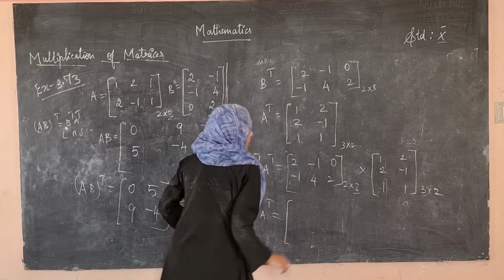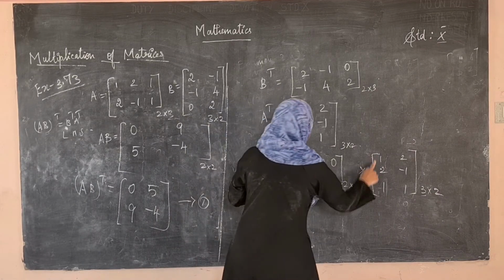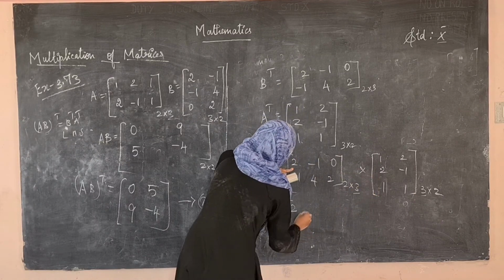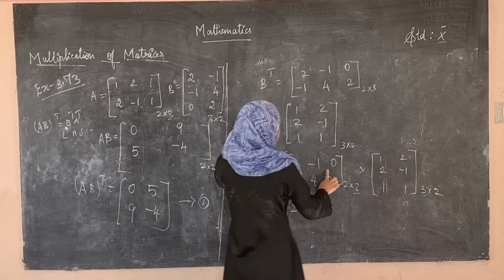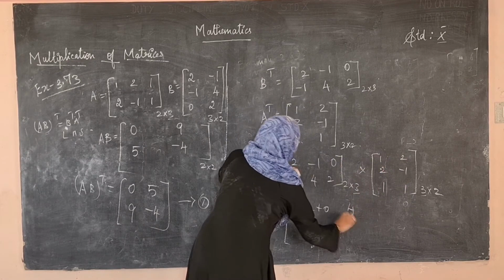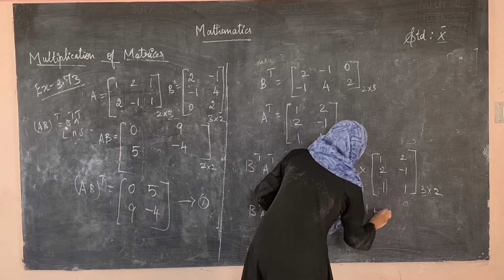4 elements means A11, A12, A21 and A22. A11 is first row and first column: 2 into 1 is 2, minus 1 into 2 is minus 2, 0 into 1 is 0. Second one, for A12, first row, second column: 2 into 2 is 4, minus 1 into minus 1 is plus 1, 0 into 1 is 0.